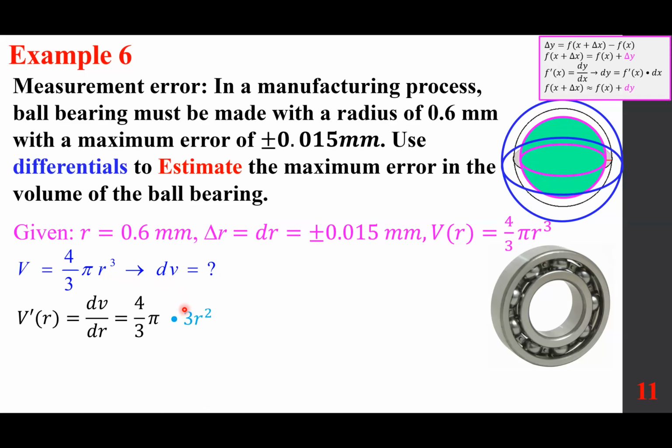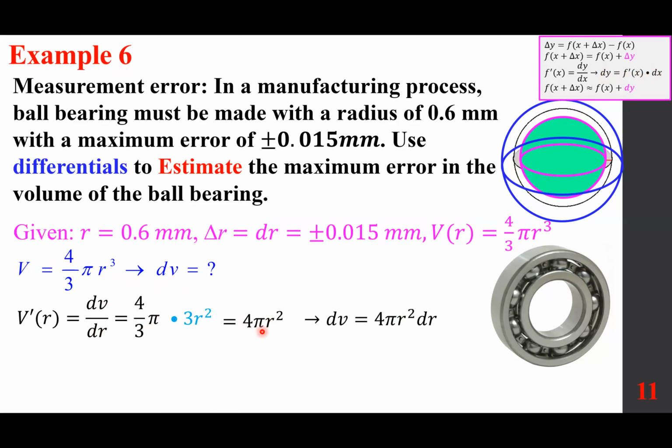Number 3 and number 3 cancel each other, we get 4 pi R squared. This is dV dr. What is dV? Just like dy, which is f prime of x times dx, dV is dr times 4 pi r squared. So 4 pi r squared dr.